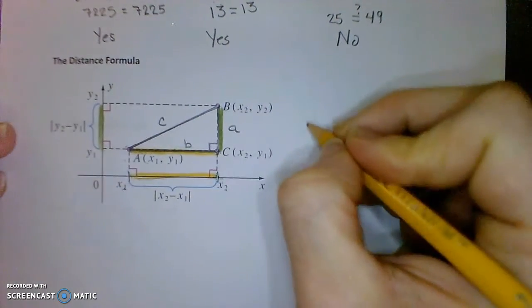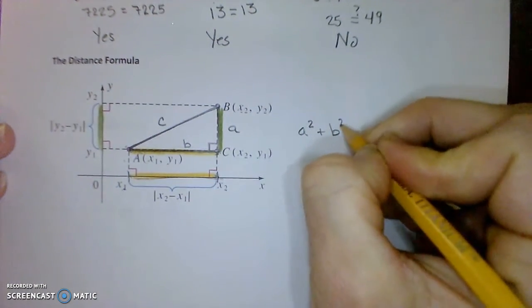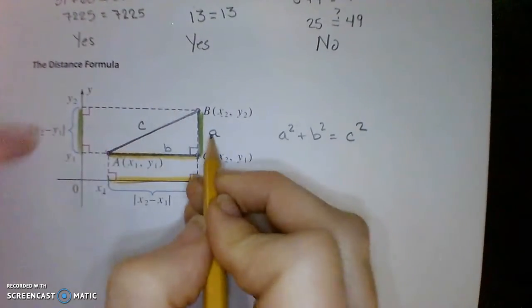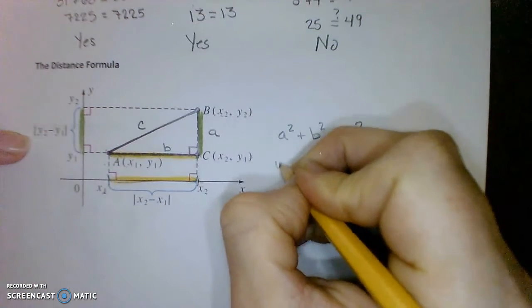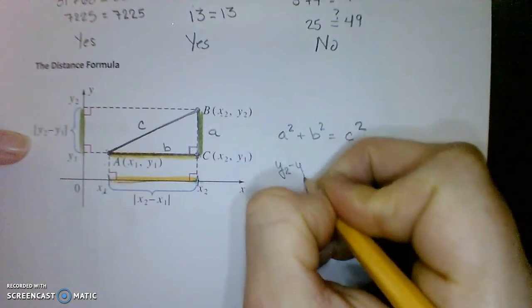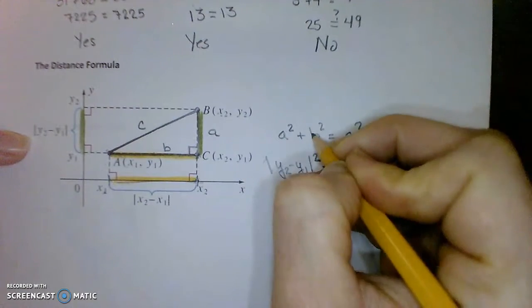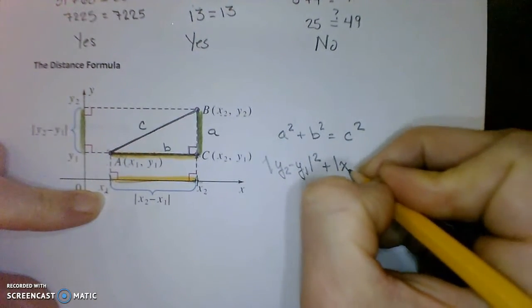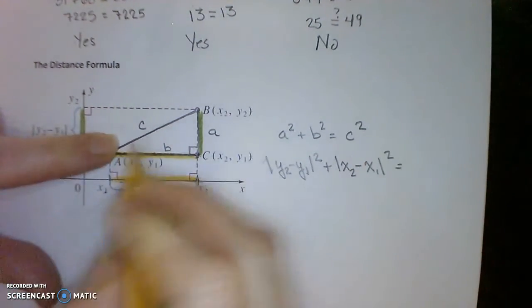The Pythagorean theorem says that a squared plus b squared equals c squared. So now a is the same as y2 minus y1, right? y2 minus y1 squared plus b, which is the same as x2 minus x1 squared, and that's equal to c squared.